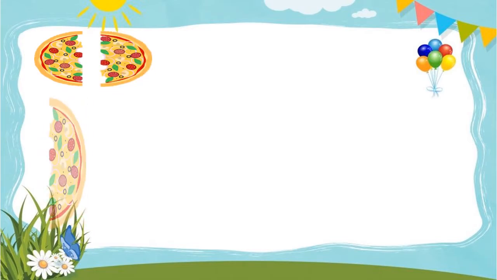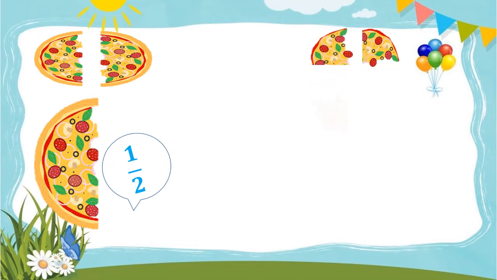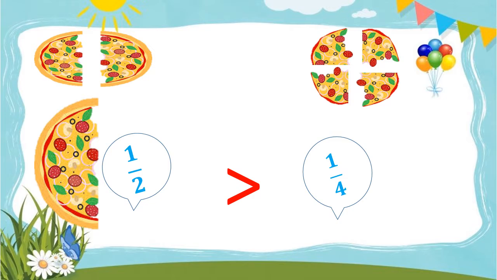My babies, we know that one whole pizza has two halves. I'll take one half. And we also know one half of a pizza has two quarters, so I'll also take one quarter. Let's see which part is the biggest.